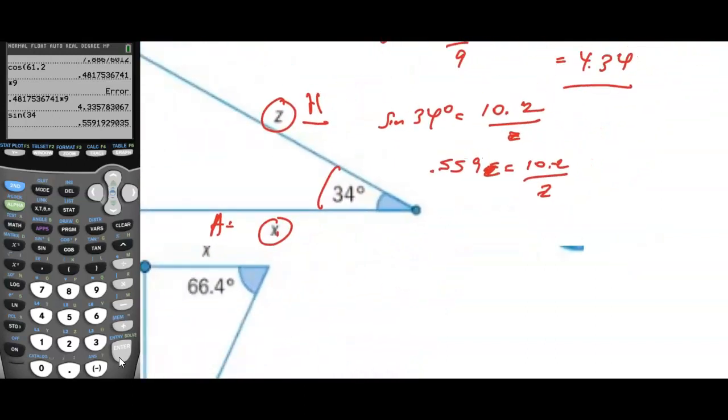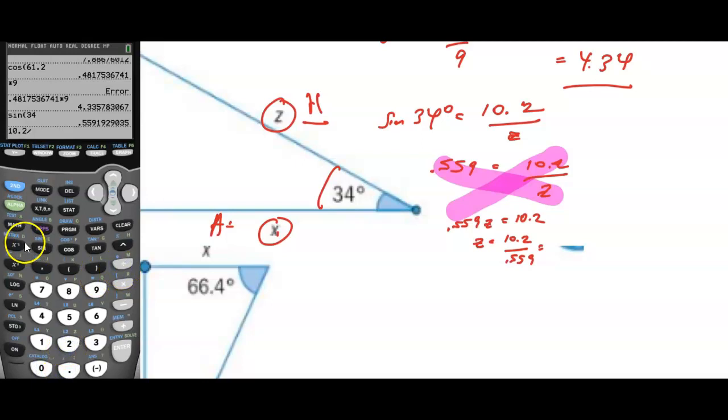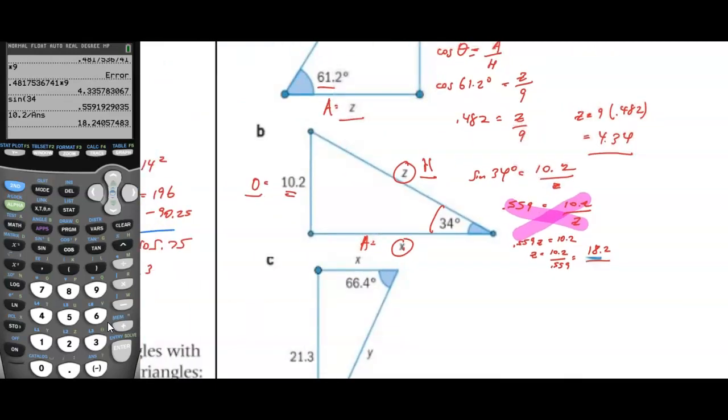We have a variable in the denominator. How do we get it out? We're going to do cross multiplication. 0.559 times z is equal to 10.2. So z is equal to 10.2 divided by 0.559, which is 18.2. So z is 18.2. That's the hypotenuse.